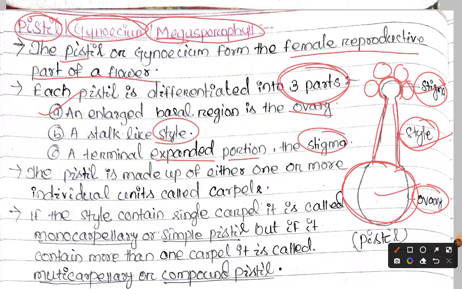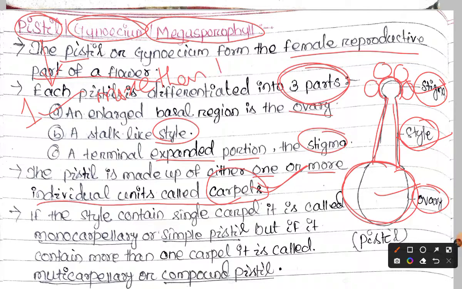The pistil is made up of either one or more individual units called carpel. The pistil is the whole female reproductive part, and its individual unit is known as carpel. When it is made up of only one carpel, it is called monocarpellary or simple pistil.